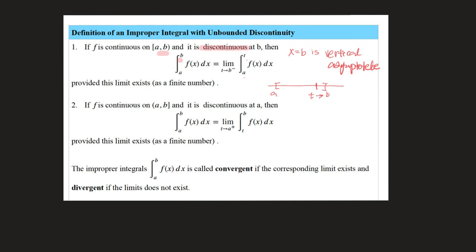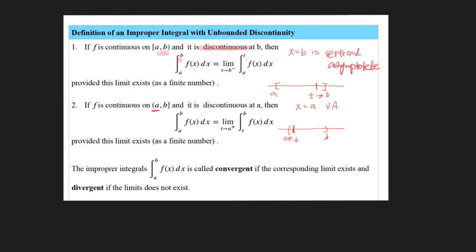In the second case, f is discontinuous at the a value, so x equals a is a vertical asymptote. Then in the interval a to b, t is taken approaching a from the right, and we take the integral from t to b of f(x) dx. If each limit exists, this improper integral exists.